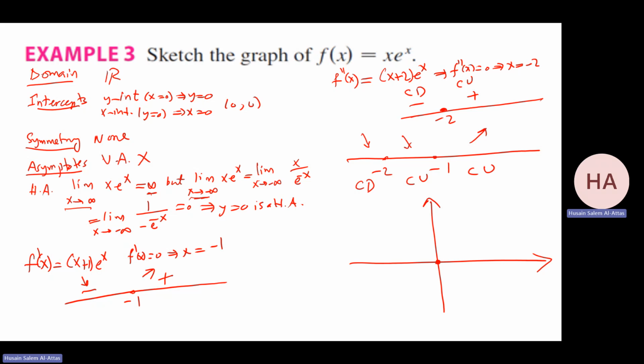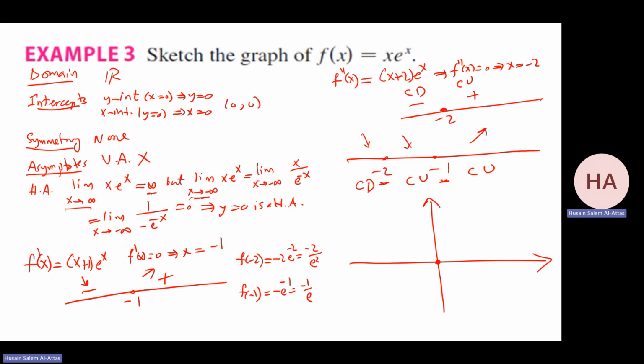Okay. Now, the most important points are minus 2 and minus 1. So I check them. F of minus 2 will be what? It will be minus 2 e to the minus 2, so it's minus 2 over e squared. F of minus 1 will be minus e to the minus 1, which is minus 1 over e. Because I need these 2 points.